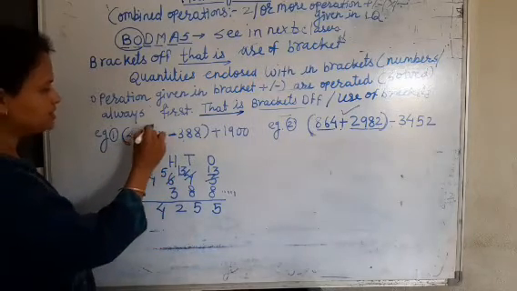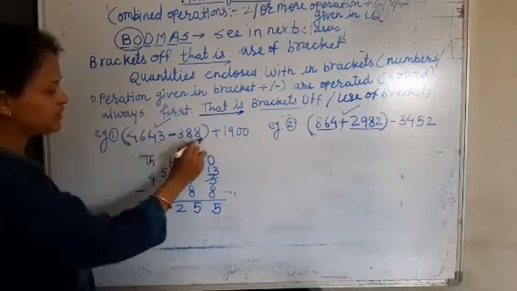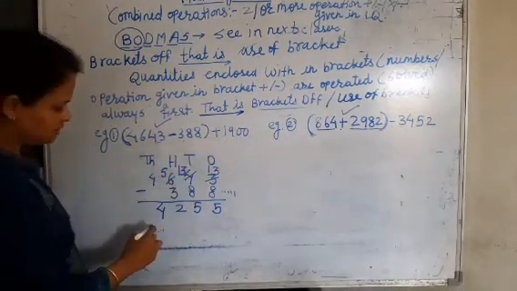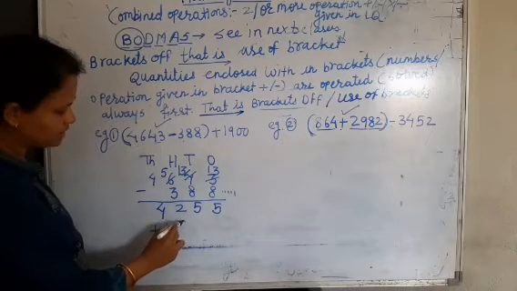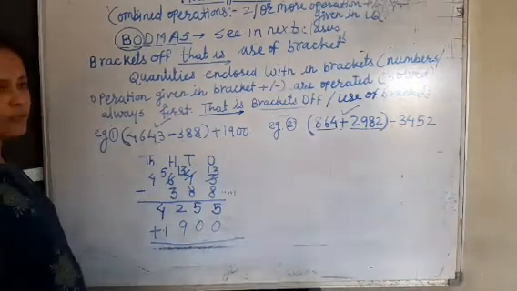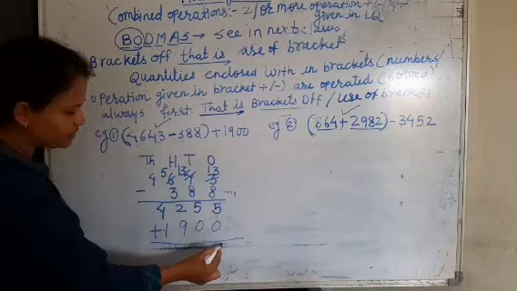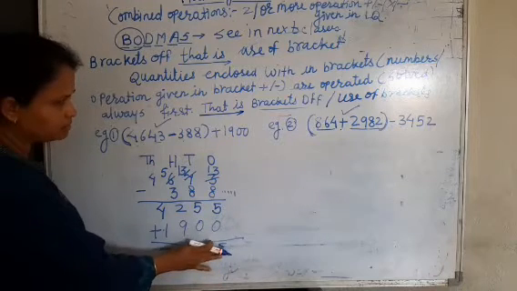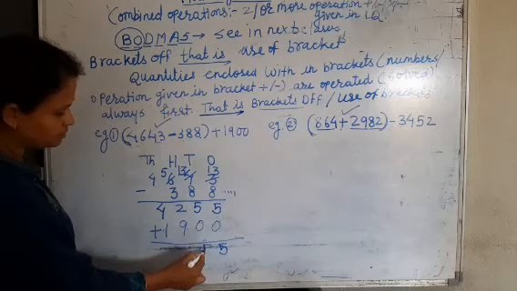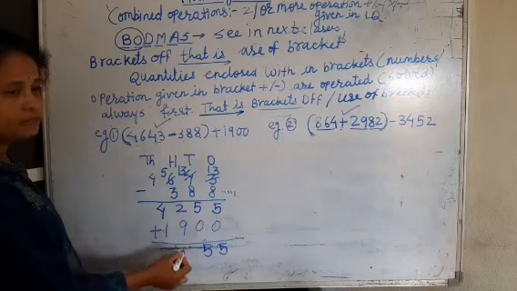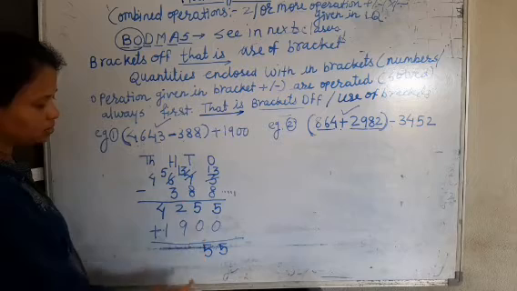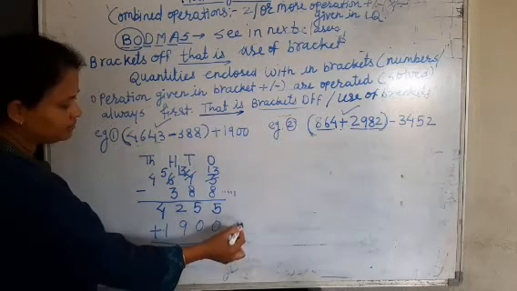Students, whatever was given in the bracket, we arranged and solved first. Now outside the bracket is plus 1900. We will do this addition now. 5 plus 0 is 5. 5 plus 0, once again 5. 2 plus 9: after 9 we can count two numbers, 10 and 11.